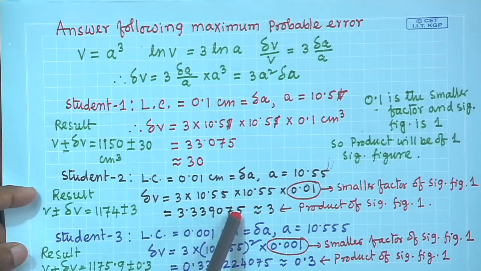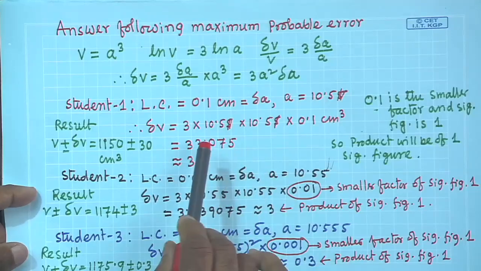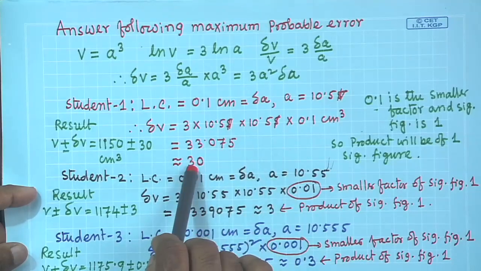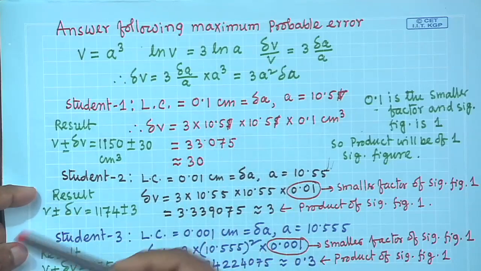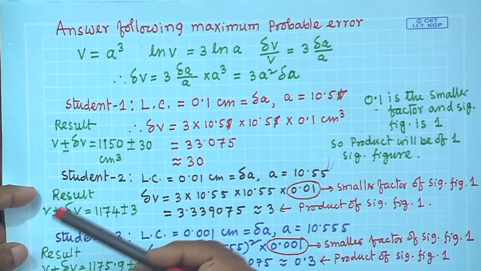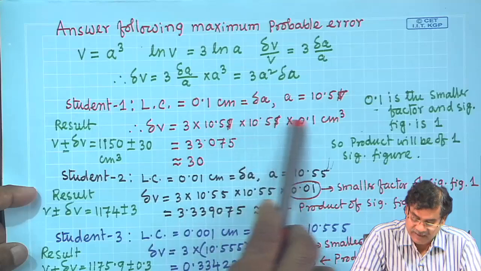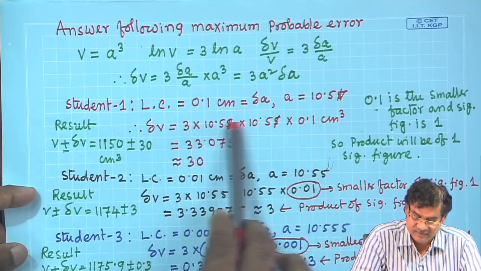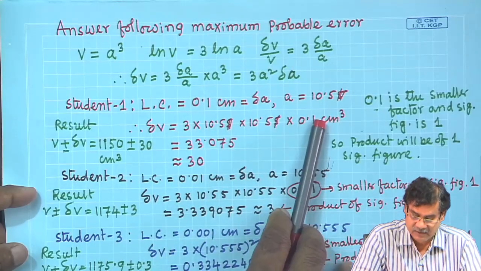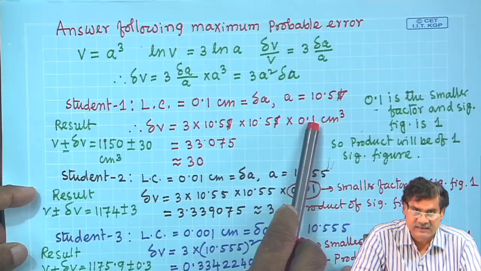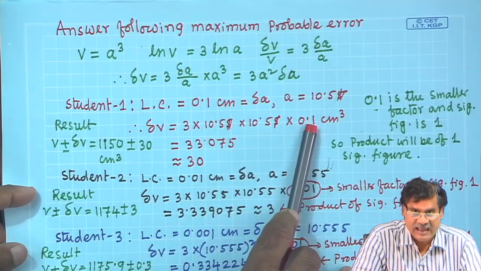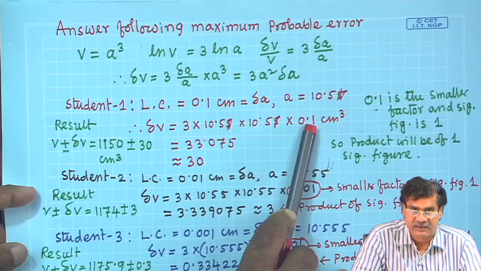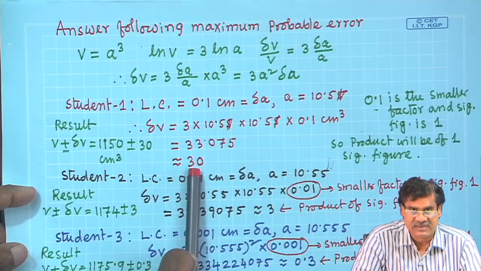Here I forgot to tell you the rule for significant figures. For a multiplication, these factors are there, and the factor with the smallest number of significant figures decides it; the result will have the same significant figure.